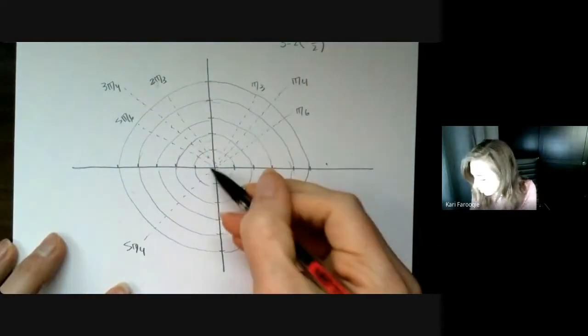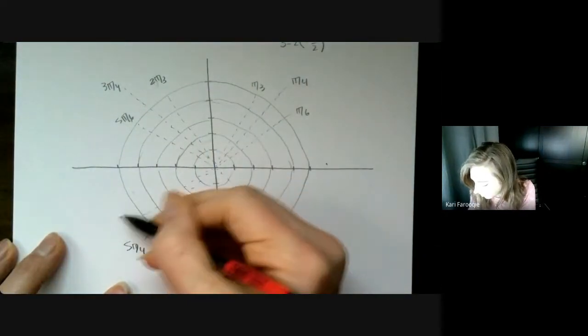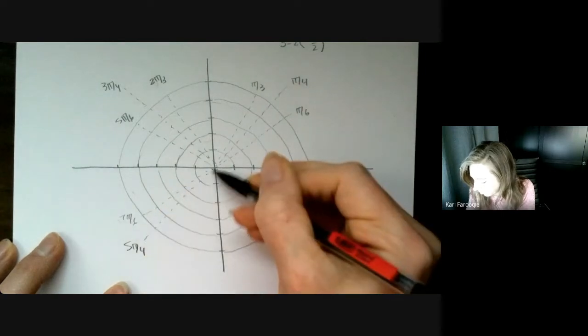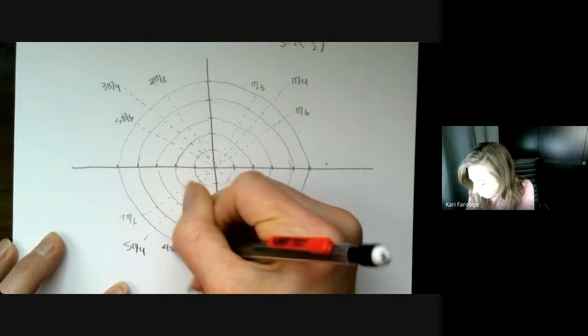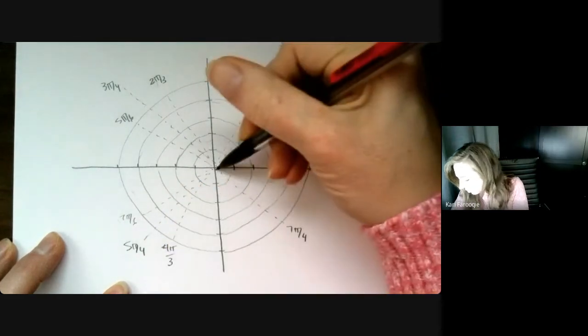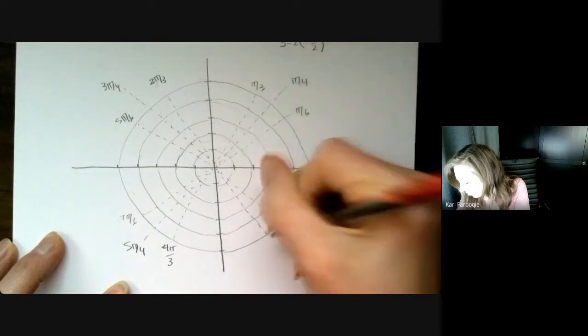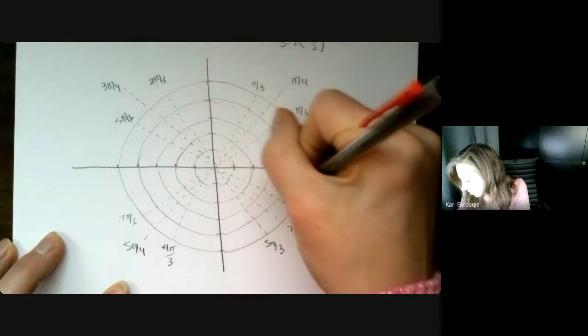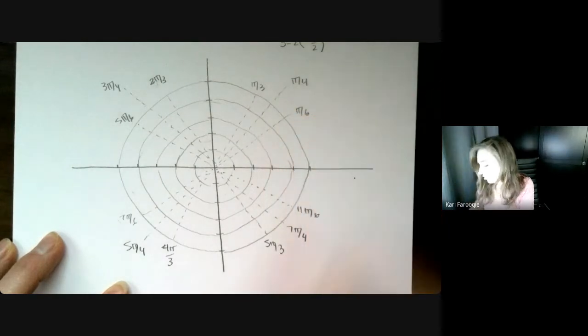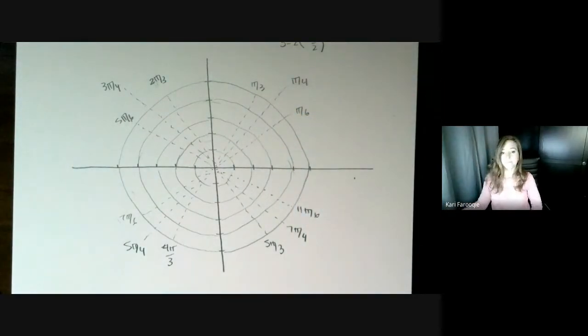And then do the same thing down here. So this one will be 7/6. This one will be approximately 4 pi over 3. 5 pi over 3. 11 pi over 6. Something like that.